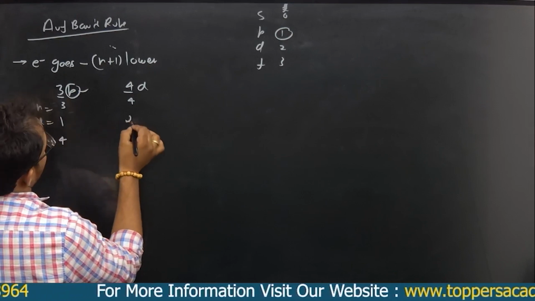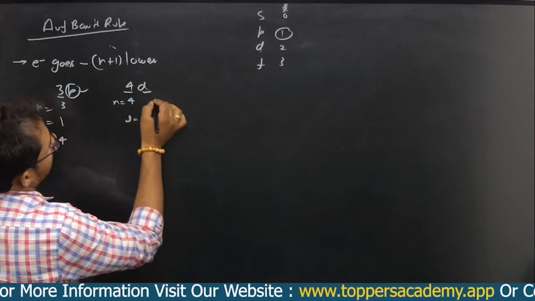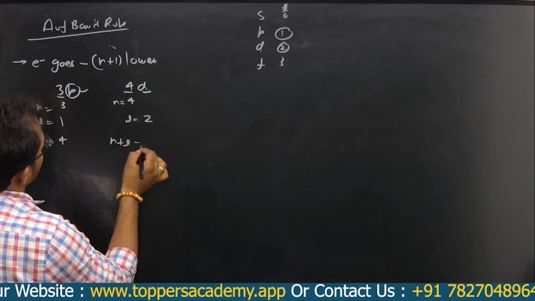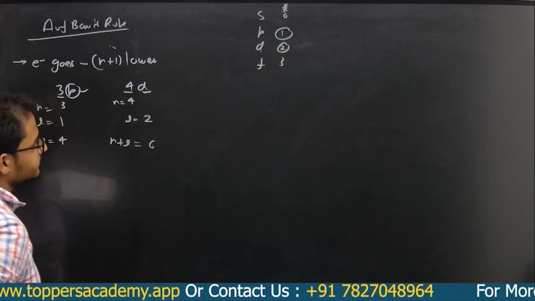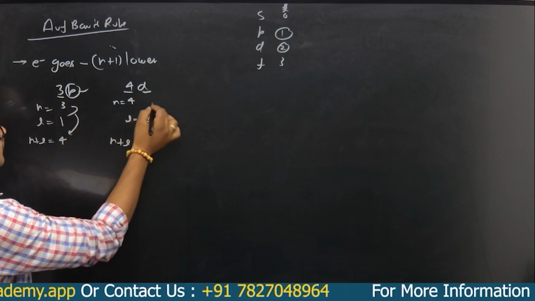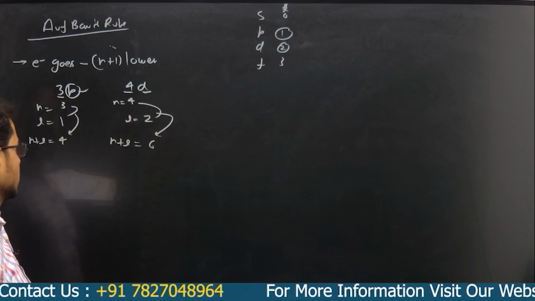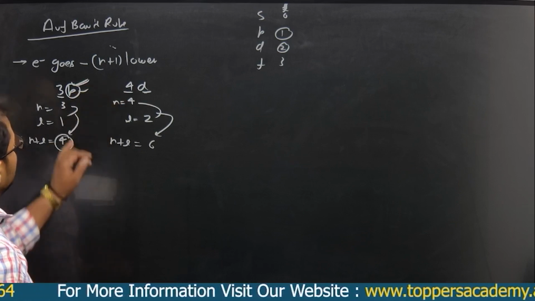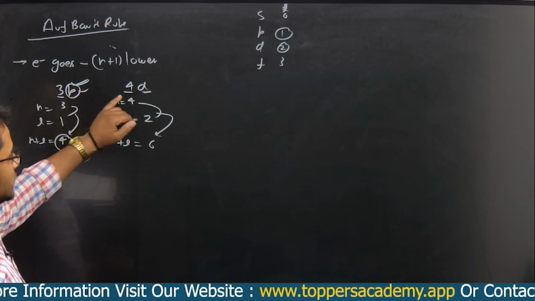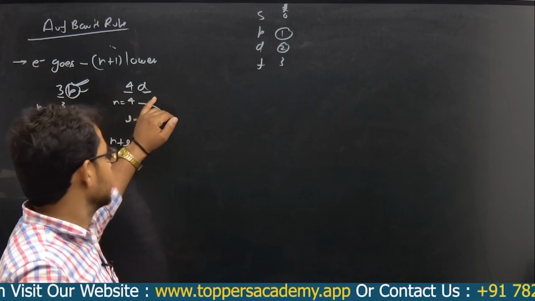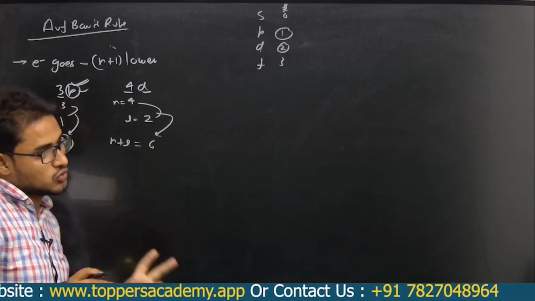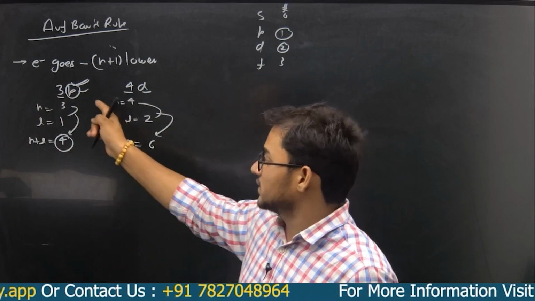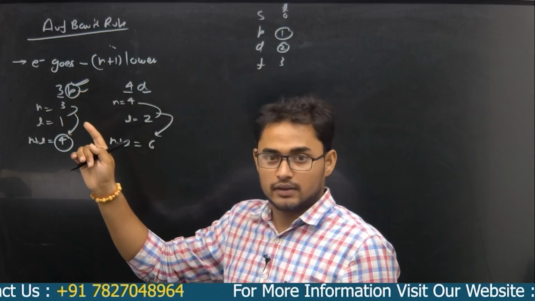For d, the value of L is 2, so n plus L is 4 plus 2, that means 6. So the 3p orbital has a lower value of n plus L as compared to 4d. So if an electron has two opportunities to enter, it will enter 3p, not 4d, right?